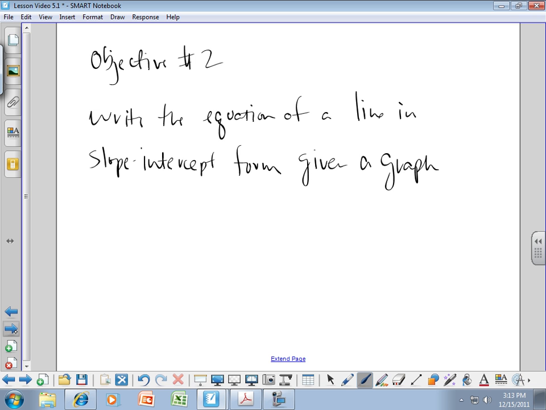Our second objective says write the equation of a line in slope-intercept form given a graph. Okay, well, let me give you a graph here. Let me give you some ordered pairs. Let's see, we've got this point right here. And, oh, how about 3, -2, we'll call that.